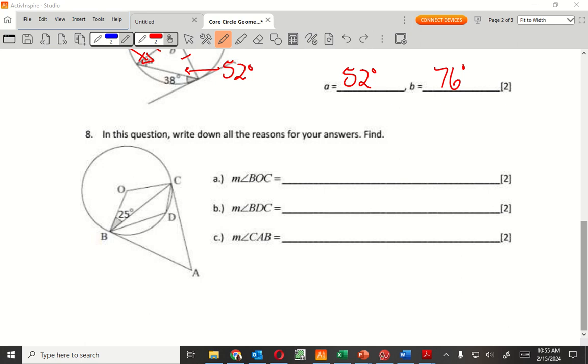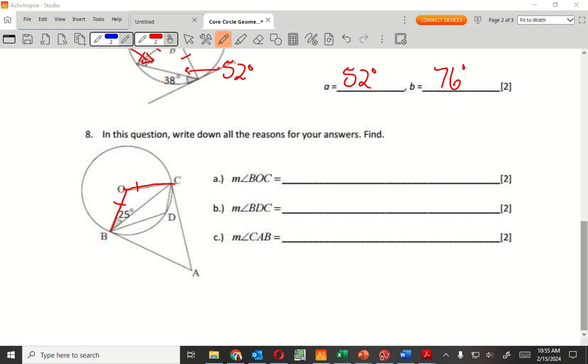So, again, let's go back to my circles. From O, B, and OC, both of those are, what's the word? They are congruent. They're both radii, and they're both congruent. So that goes back to, if this right here is an isosceles triangle, if the legs are congruent, so are the feet, right?